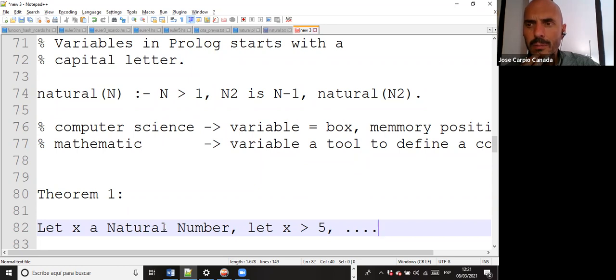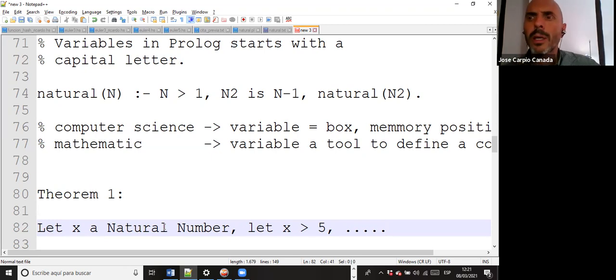It's like this is a theorem, and we just use variable like a tool to describe a concept. So you start telling things or putting properties to this variable, and at the end you have a full description of these variables.